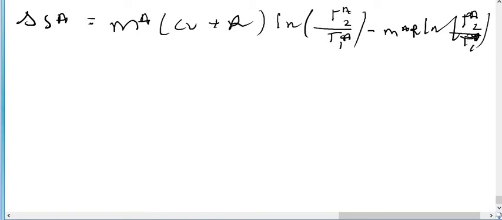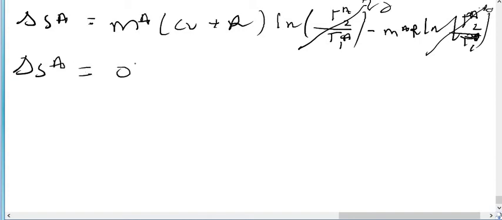Now the temperature is constant, so the logarithm is 0. Also here it is 0. Therefore the entropy change in A is 0. So a reversible process occurs in A.